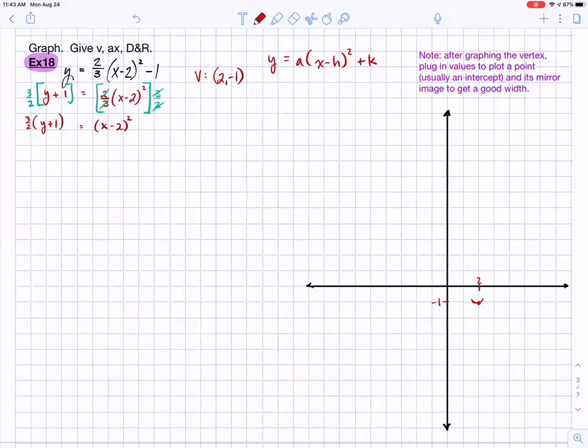Look at your picture. How many x-intercepts are you going to have? 2. How many y-intercepts are you going to have? 1. Which would be easier to find? 2 x's or just 1 y? Totally 1 y. And you said that all y-intercepts have what in common? My x value is 0.